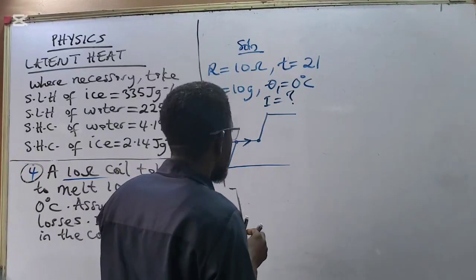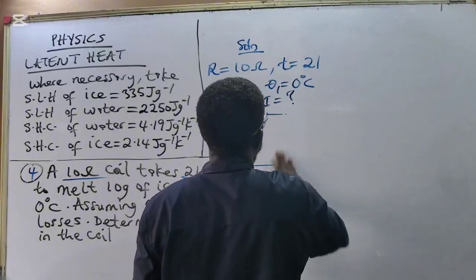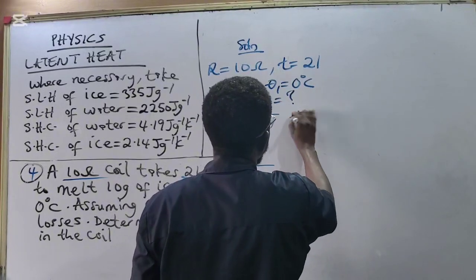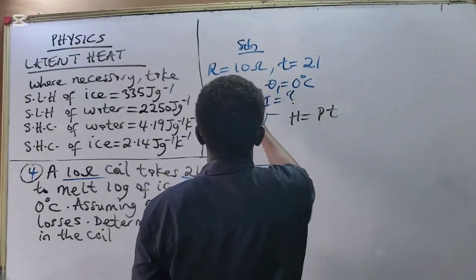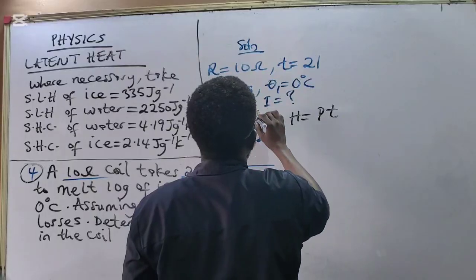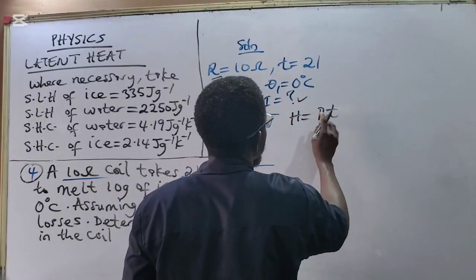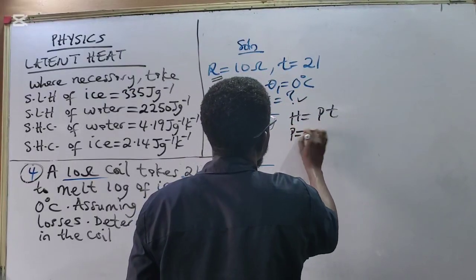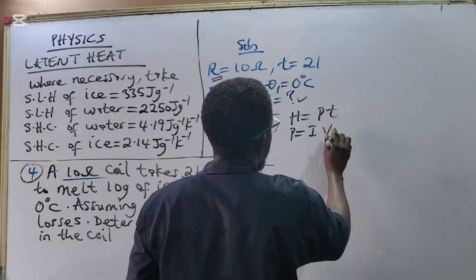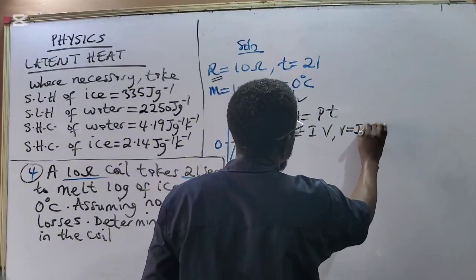So remember, heat H is power times time. Since we have resistance, we're looking for current. P is equal to IV, and V is equal to IR.